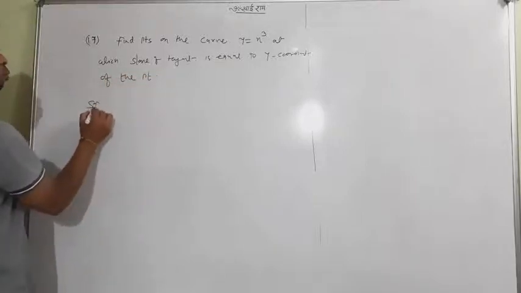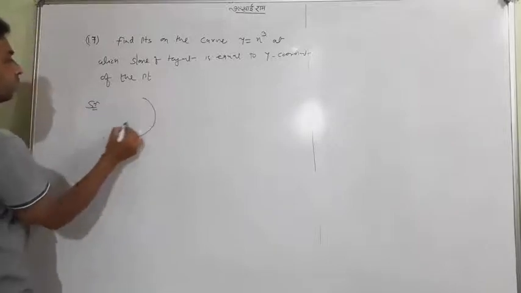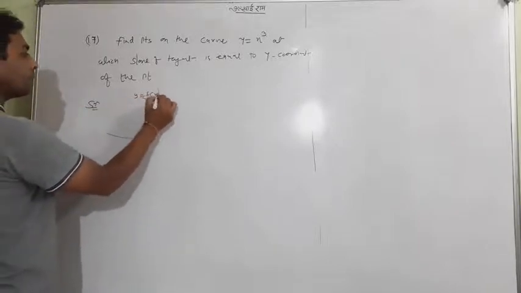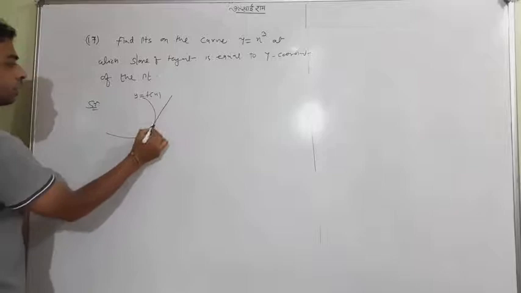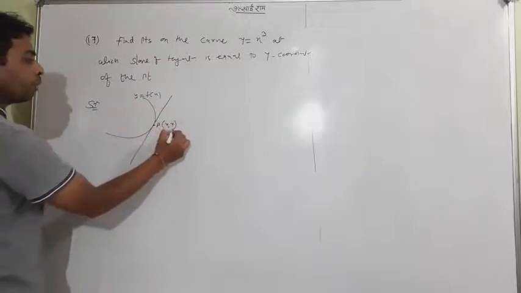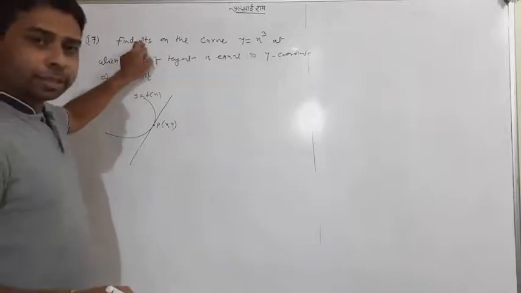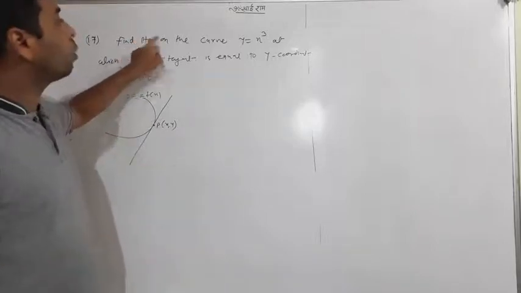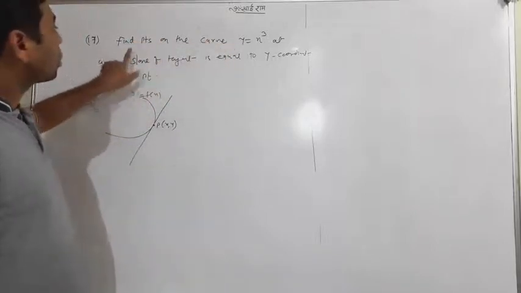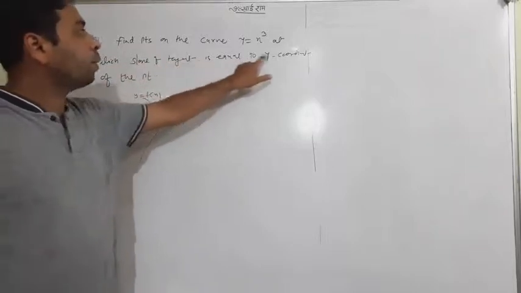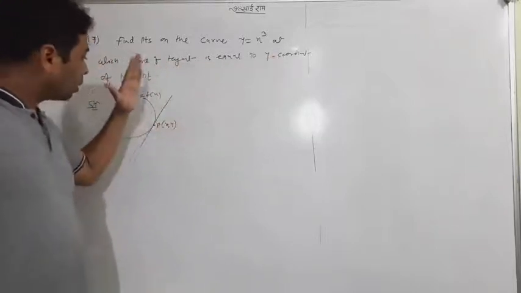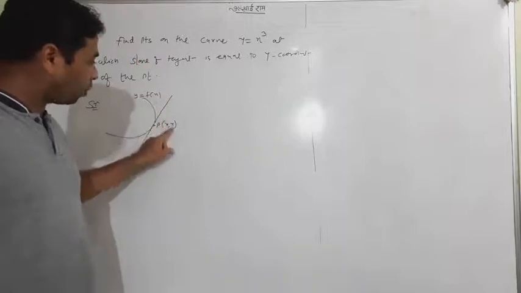Look, I tell you how to do this question. This is my curve y equal to f of x. This is a tangent. P(x, y) is the point of contact. And the question says find the points on the curve at which the slope of the tangent is equal to the y coordinate, meaning y.